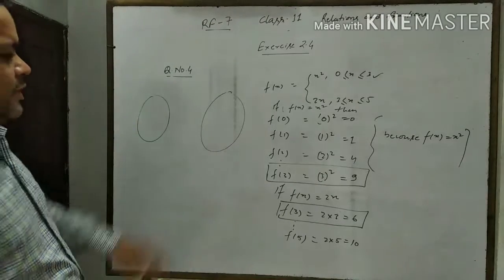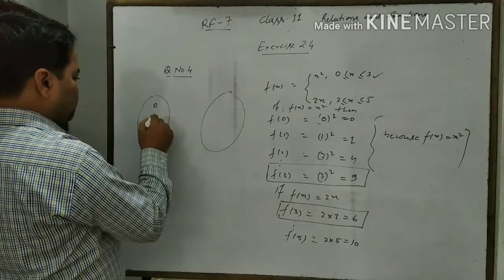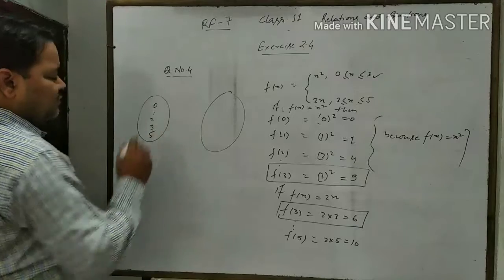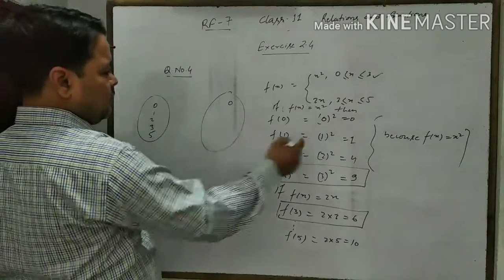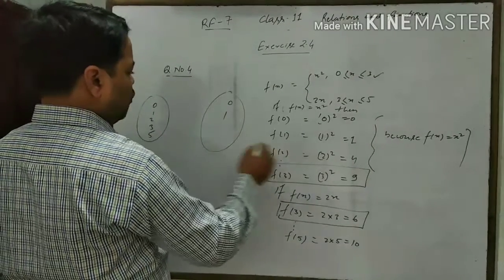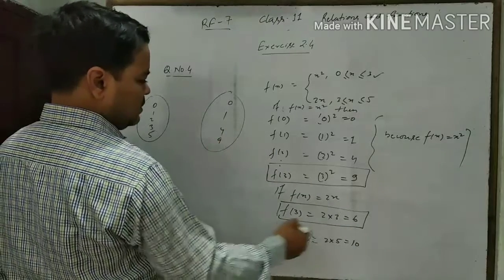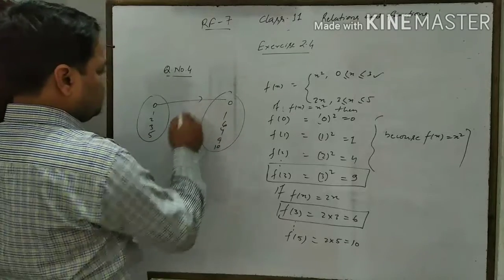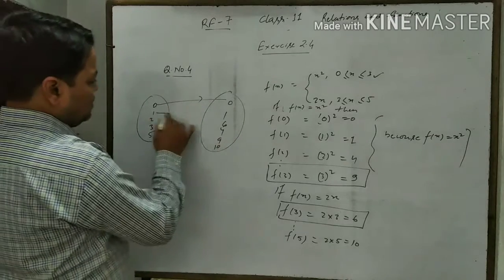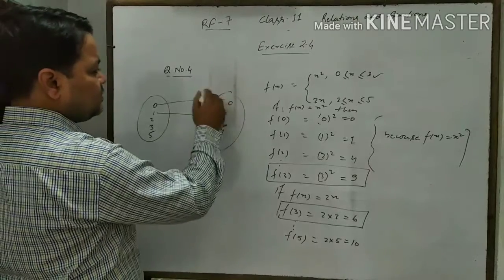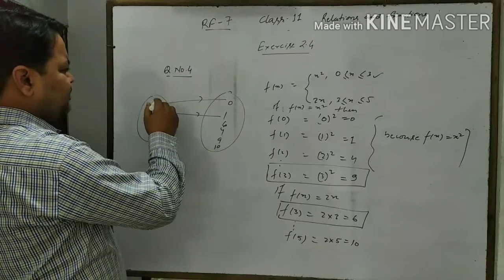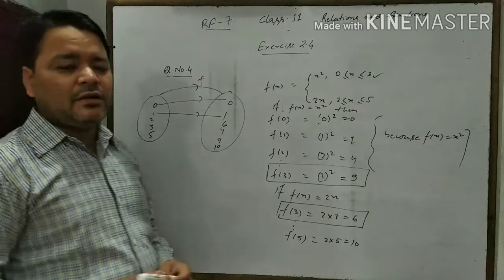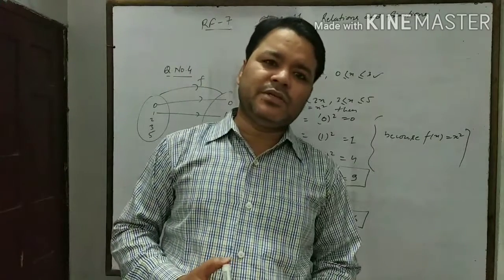It means if we make the domain and codomain, the domain will be 0, 1, 2, 3, 4, 5, and the codomain 0, 1, 4, 9, 6, 10. This is a relation f, and what is the condition for a relation to be a function?